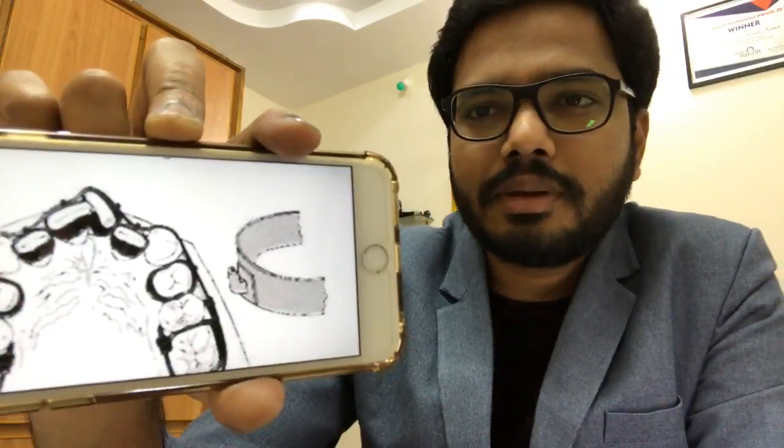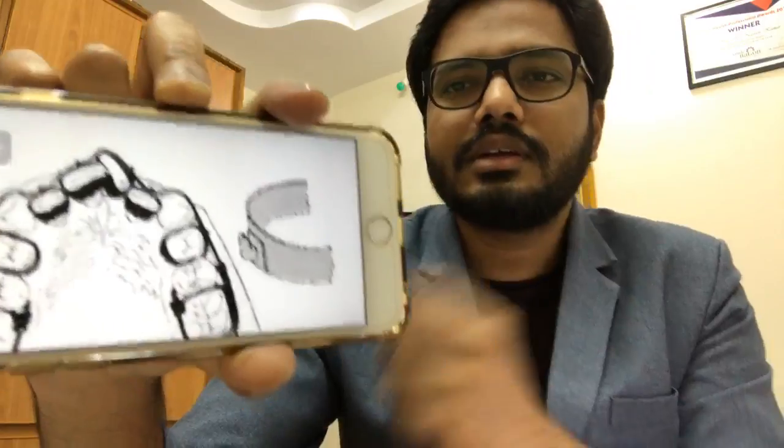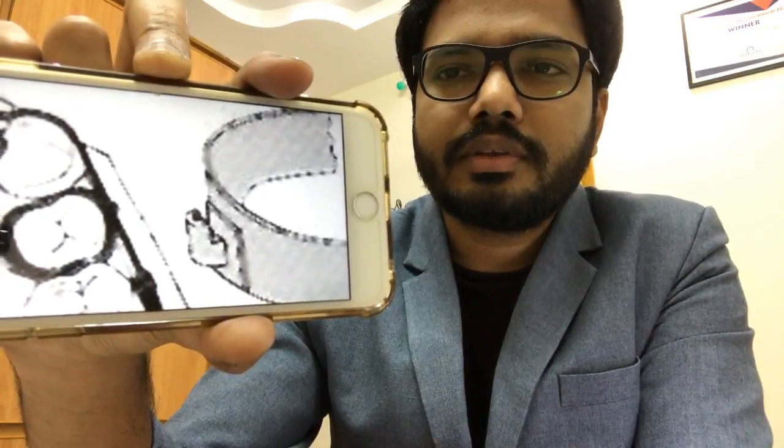To discuss a few important points, just observe this bracket. We have this vertical slot which is directed occlusally, right? Angle's ribbon arch appliance was introduced about 1910.